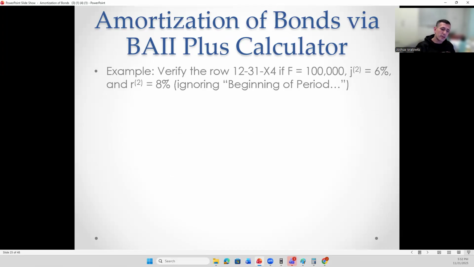These calculations are so ubiquitous in real life that the calculator can do them super quickly without entering any formulas. So how do we get the example we just did?